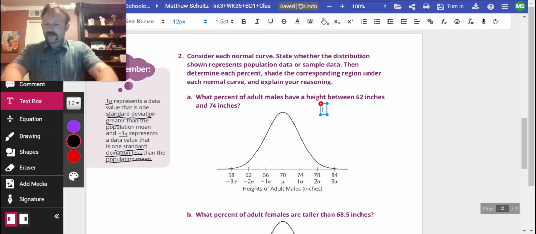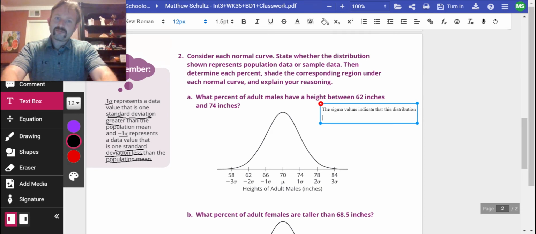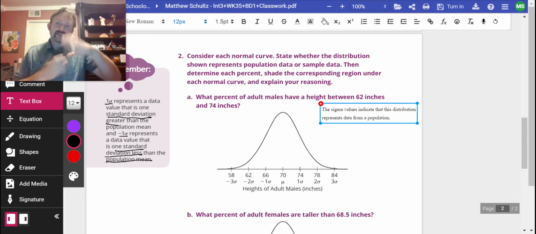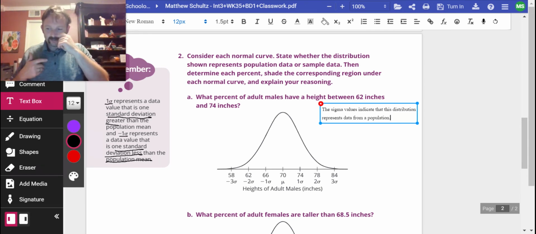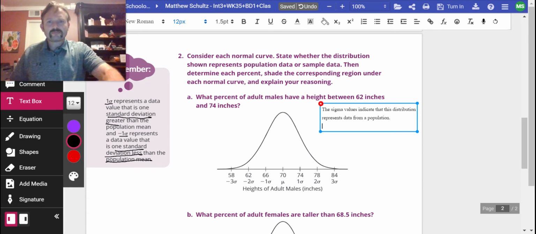So the sigma values indicate that this distribution represents values, data from a population. So sigma is population, the S is the sample. All right, well, let's go on.